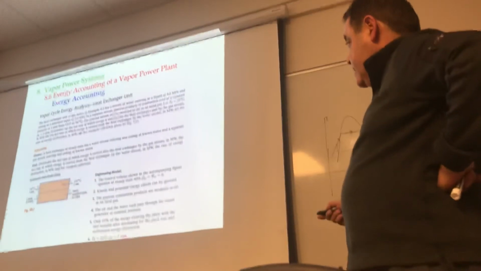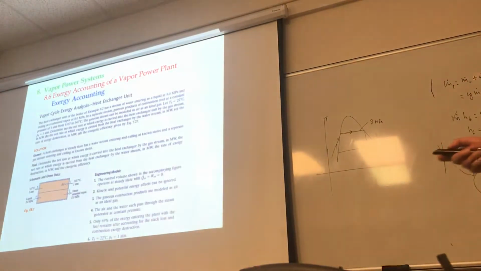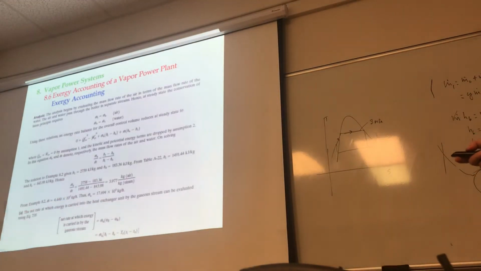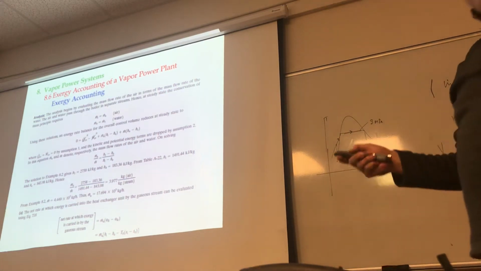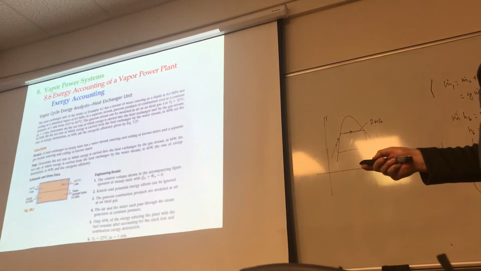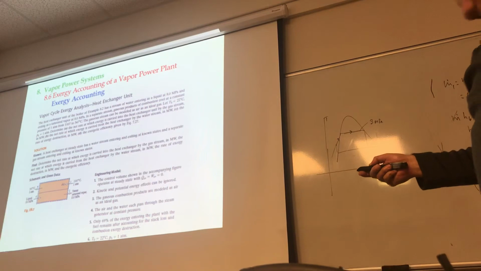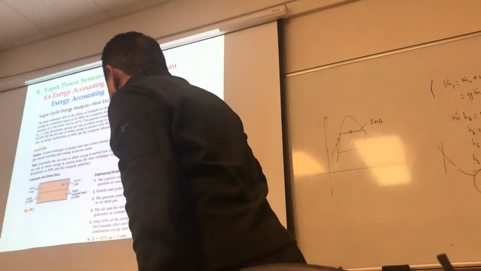Okay, the dead state is about 1 atmosphere and 22 degrees. So let's figure this out. The analysis begins by evaluating the mass flow rates. Now, do you agree that the mass inlet, and this is the exit, right? And this is 1, no, this is 1 and 4.